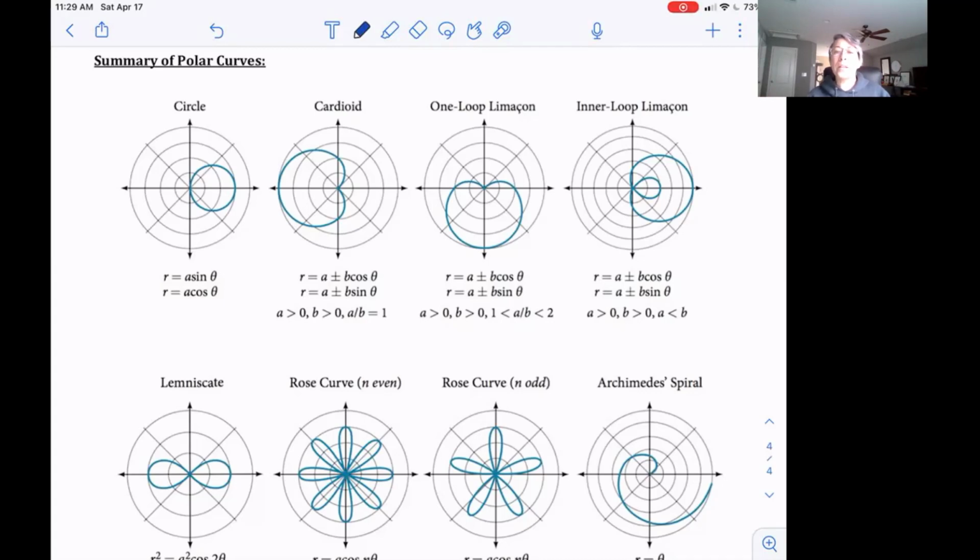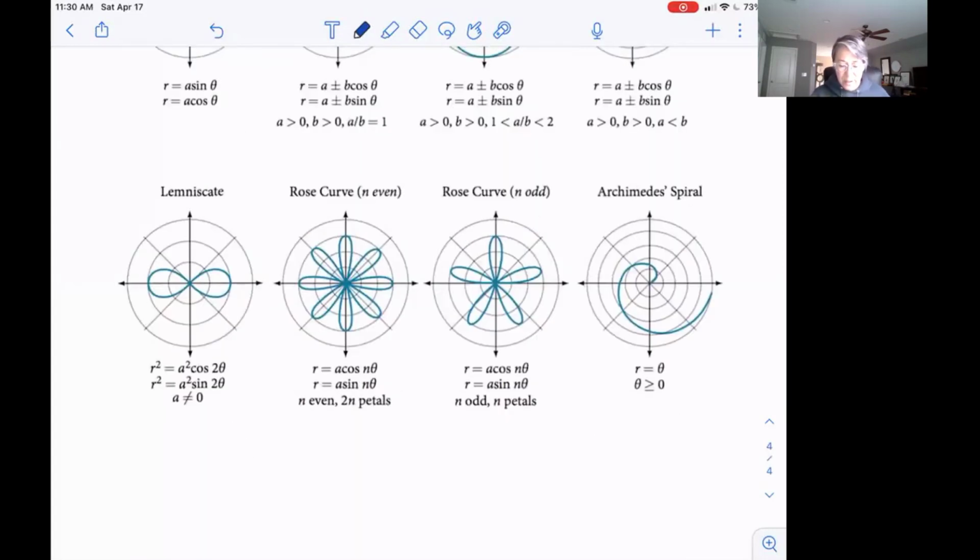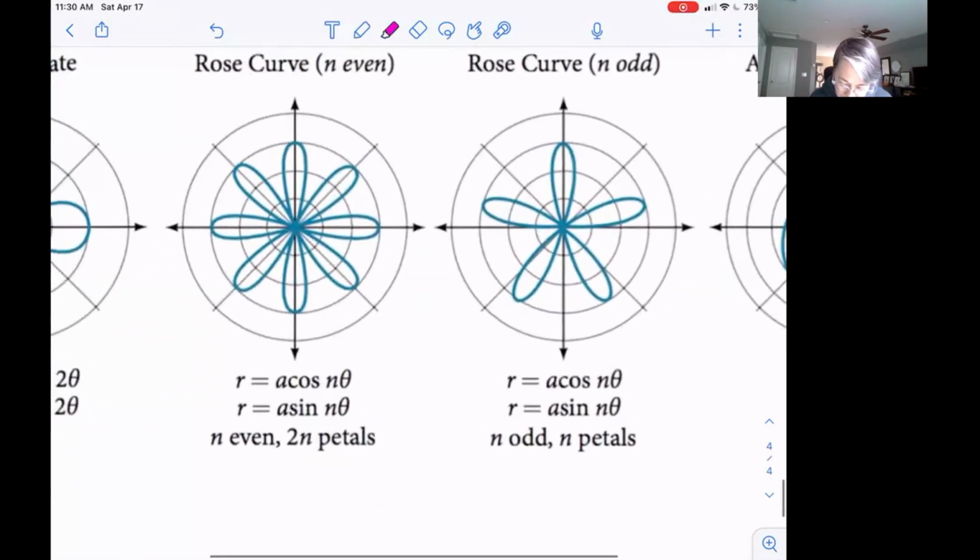Then we have a one loop limacon. We have an inner loop limacon. We have a lemniscate, if I can always pronounce these correctly. We have a rose curve. So when the n is even, this is similar to what we had on that last example.